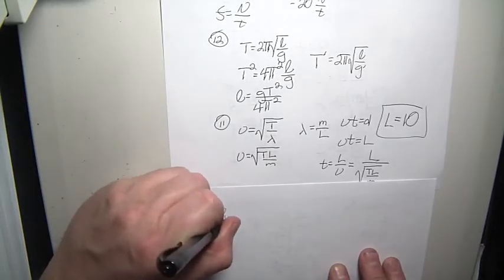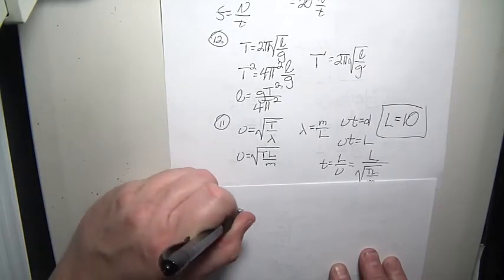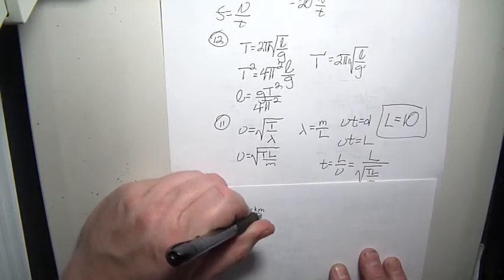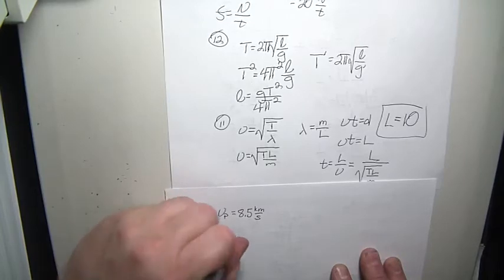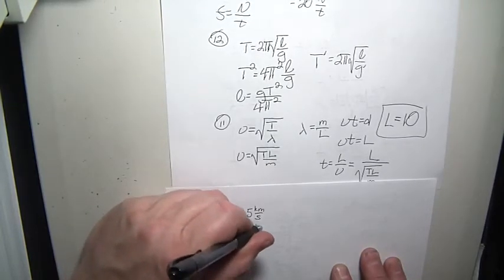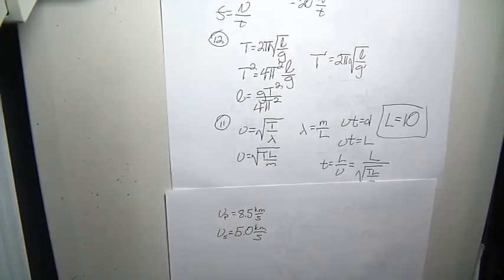Problem 10. Now problem 10, that's more of a motion problem, but we'll do it anyway. The velocity of one type of wave, the P wave, is 8.5 kilometers per second. The velocity of the S wave is 5 kilometers per second. You get hit by the P wave, and then 90 seconds later, you get hit by the S wave.